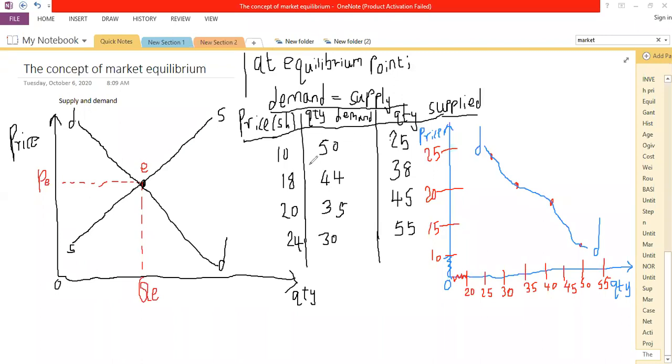Then we represent the supply curve. At a price of shillings 10, we have 25 units. Somewhere here. At a price of shillings 18, we have 38 units, somewhere here. You come and represent that.